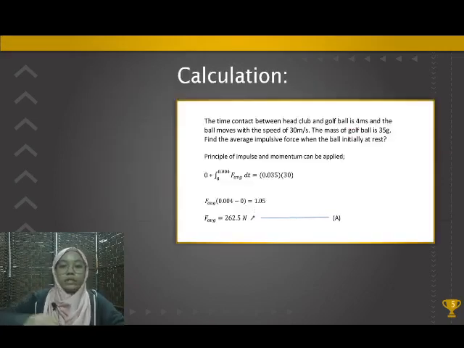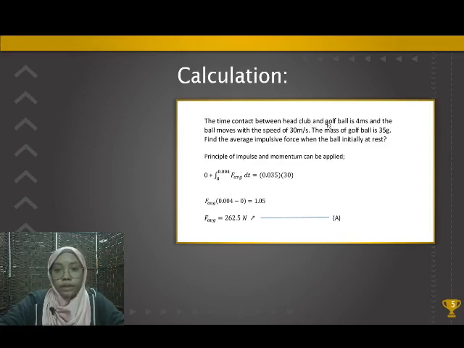Okay, the calculation that I want to show you is about the average impulsive force: how to find the average impulsive force, the velocity at the x-axis and y-axis after the impact, the linear momentum, and the COR. Okay, how can we find the average impulsive force?